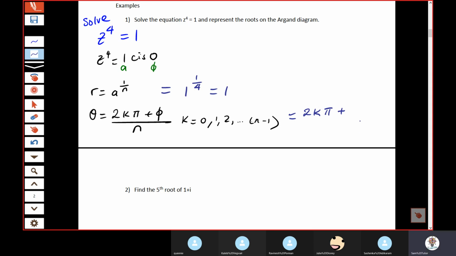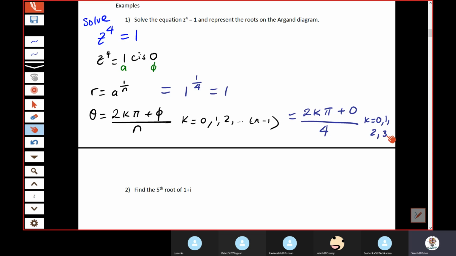2k pi plus phi, which is, yeah, you said 0, over, and then again, what's n? 4. And then k needs to equal 0 all the way to 3. Good job. Now let's see why that makes sense.